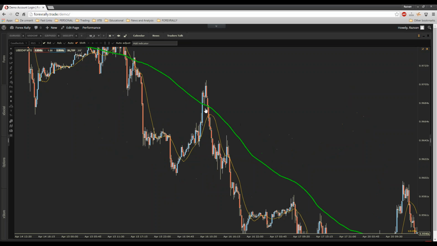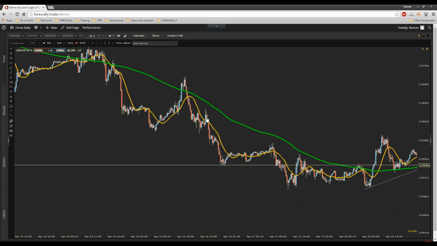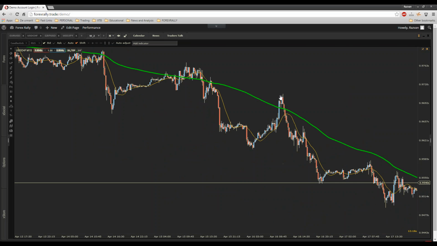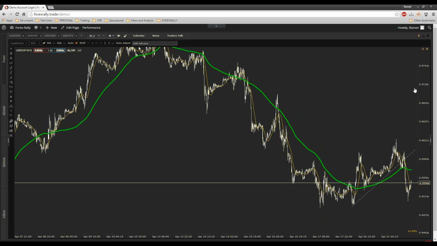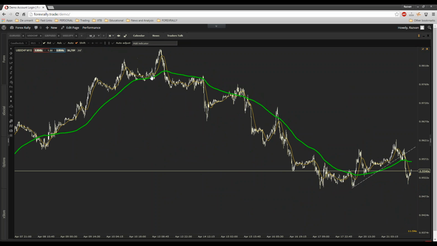You see now that the intersection of the price with the moving average is not as frequent as it was on 14. Now this 110 moving average gives me the direction of the main trend, while the 14 moving average gives me the direction of the next move. So you have down move, down move, up move, while on the 110 you have a downtrend formed by down, up, and so on and so forth.